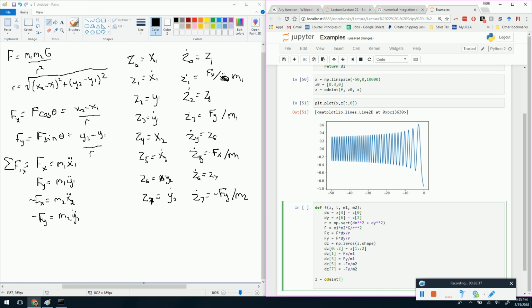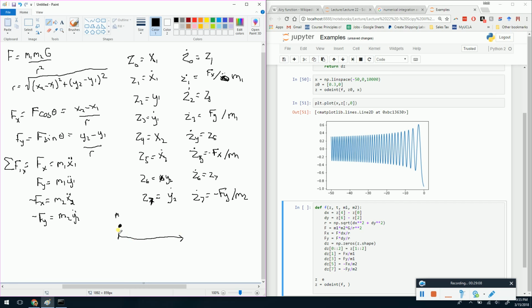We're going to integrate our function f. We'll have a z naught. What should our z naught be? Let's go ahead and make all right, if this pen will come back to life. Okay. Let's say that m1 is right there on the x-axis.